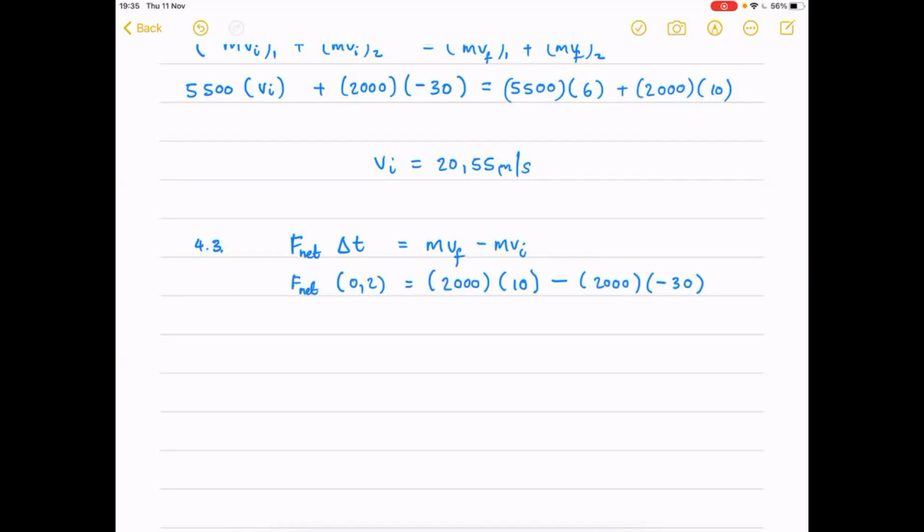Okay, and if you put those values in there, then you're going to get that the net force is equal to 400,000 newtons.